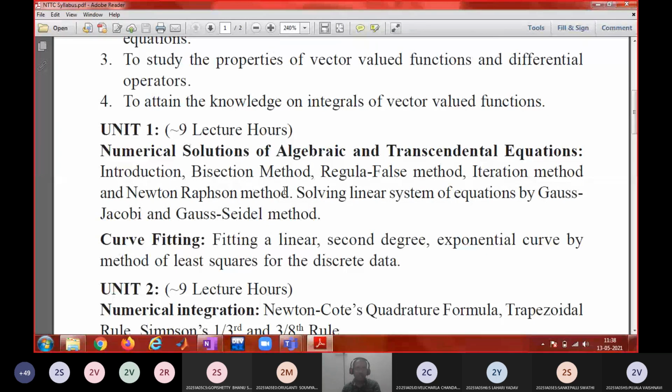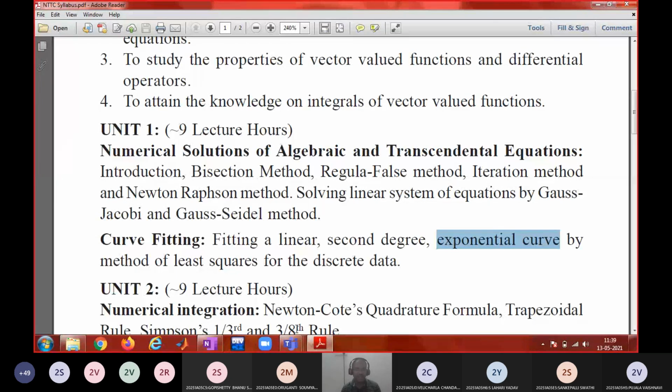All these are root finding techniques. After that, we completed the discussion on Gauss-Jordan and Gauss-Seidel, and then curve fitting, in which we fitted a straight line, a second degree curve, and an exponential curve by least squares. Only linear, second degree and exponential curves are in your syllabus; the other forms are not, but I just showed you.